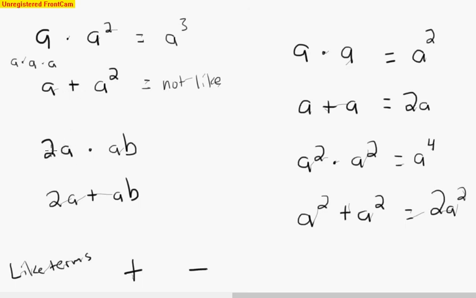Same here. I can take 2a times ab. That just means 2a times a times b. It's all multiplication. 2 times a times b. You'd get 2a squared b. It's okay to multiply terms that aren't like, but you can't add them. 2a plus ab doesn't work. They're not like terms.